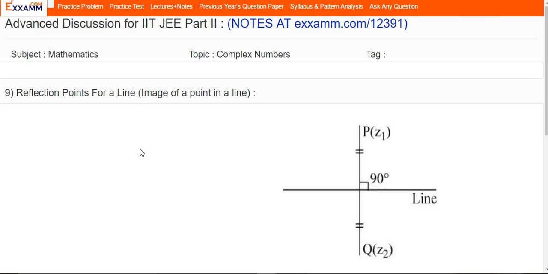Now as you are seeing, I am not giving many examples at this stage because many of these examples on this topic would be using more than one topic. As of now I am just explaining the basic concepts, and these are very simple concepts based on coordinate geometry.